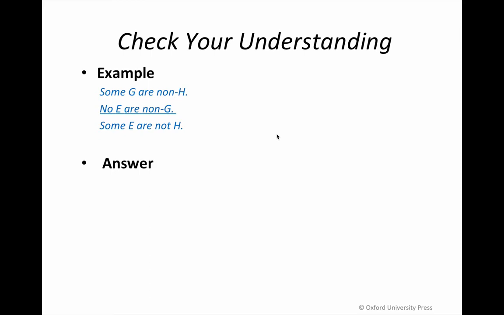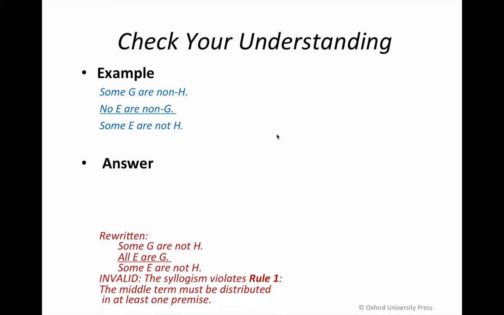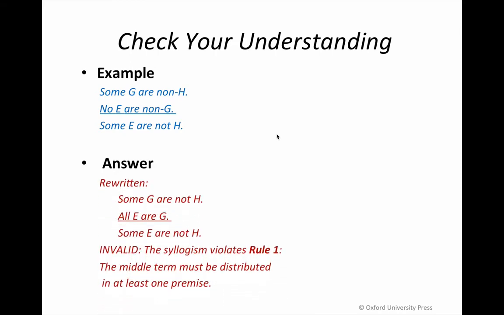We're also going to want to obvert the second premise, the minor premise, so that the term G and non-G will match. Here's what we get.